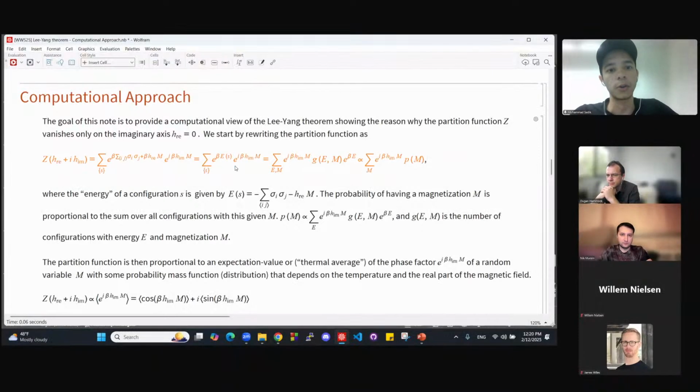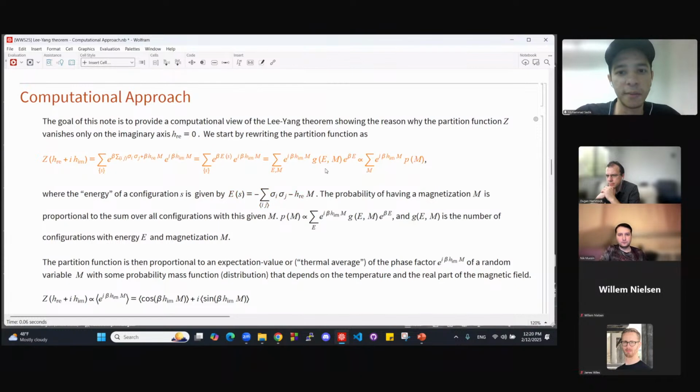So this could be written as summing over all the possible energies and magnetizations of e to the power i beta H imaginary times m. And g of E and m is basically the number of states with energy E and magnetization M that we defined like this.